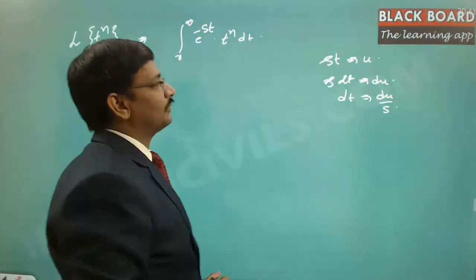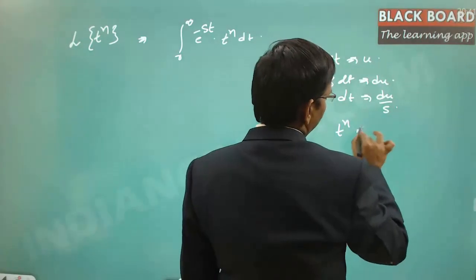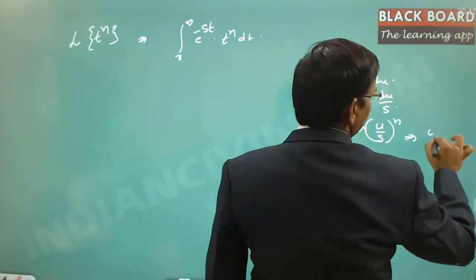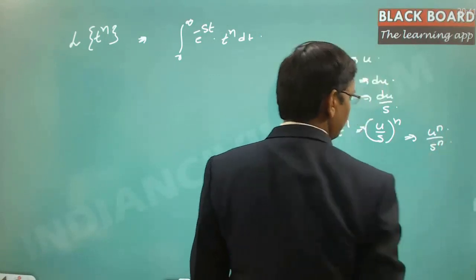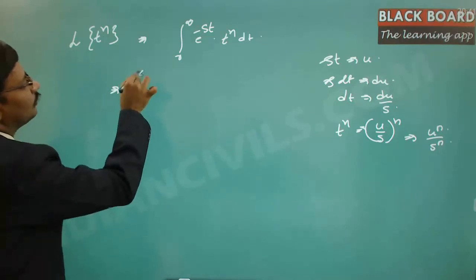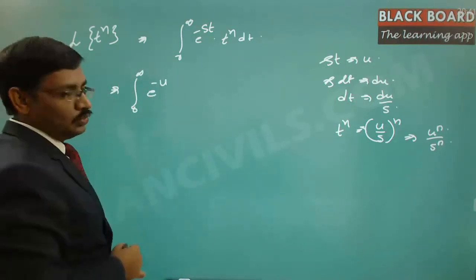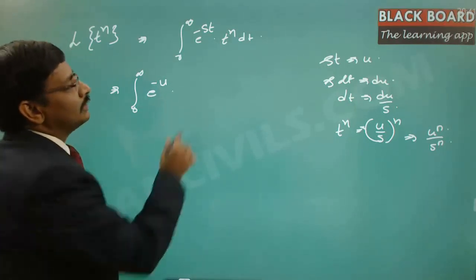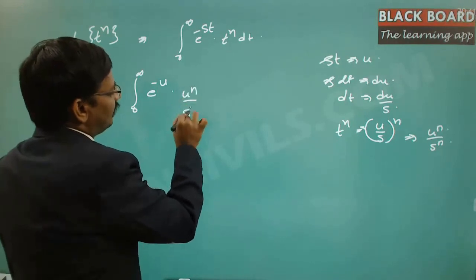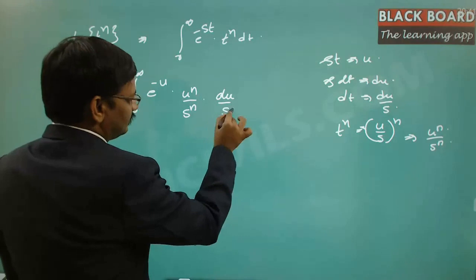And t power n is equal to u by s whole power n, or u power n by s power n. Now if you substitute these values here, e power minus st is replaced with e power minus u, t power n is replaced with u power n by s power n, and dt is replaced with du by s.